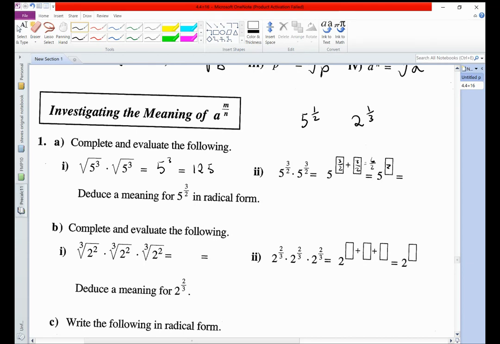And 6 divided by 2 is like 5 to the power of 3, which is also 125. So can we say that the square root of 5 to the power of 3 is equal to 5 to the power of 3 over 2? So the square root of 5 to the power of 3 is the same as 5 to the power of 3 over 2.